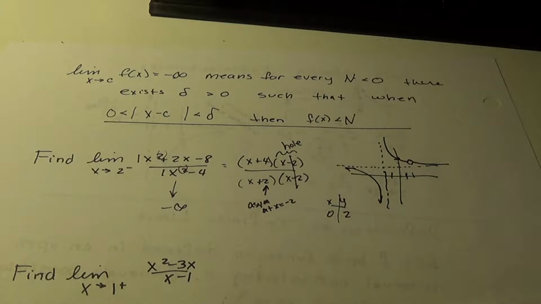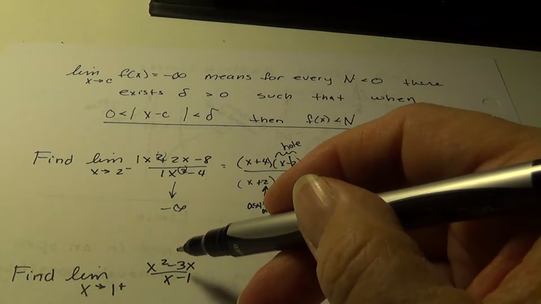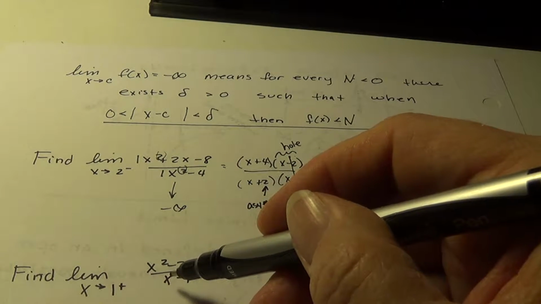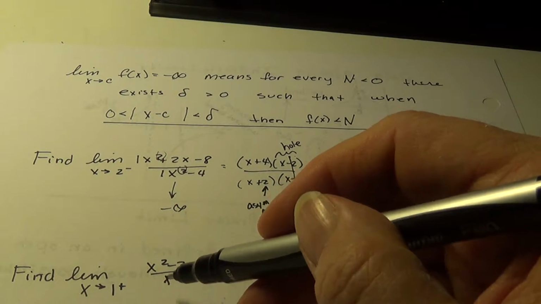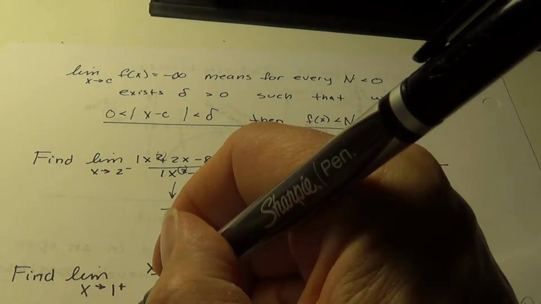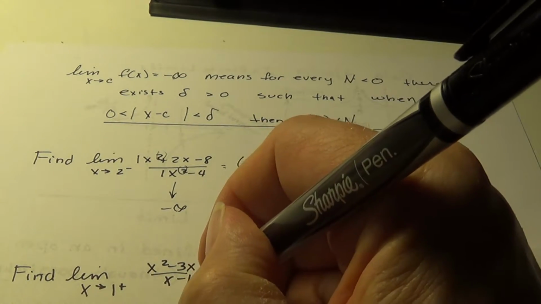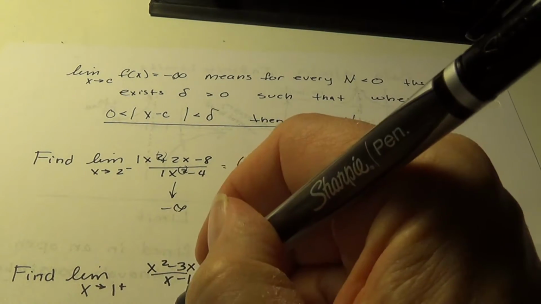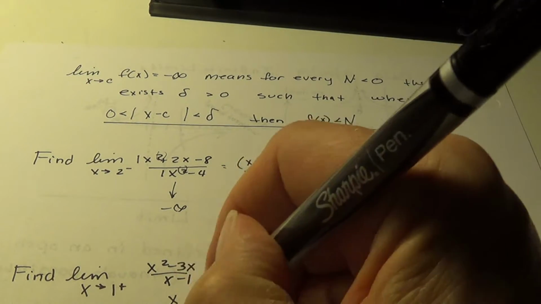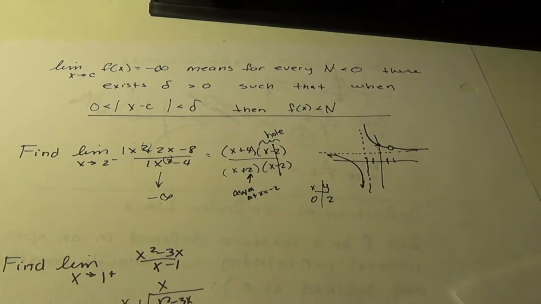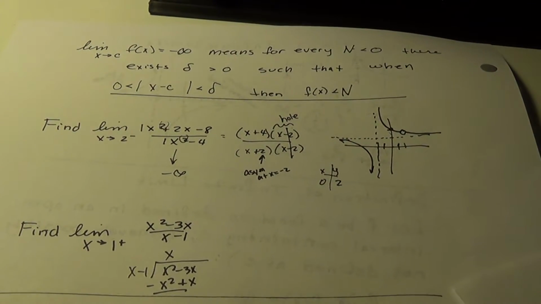But do you recall what to do in case 3, where the numerator is larger in degree than the denominator? We actually divide. x squared divided by x, multiply, change the signs, and bring down.